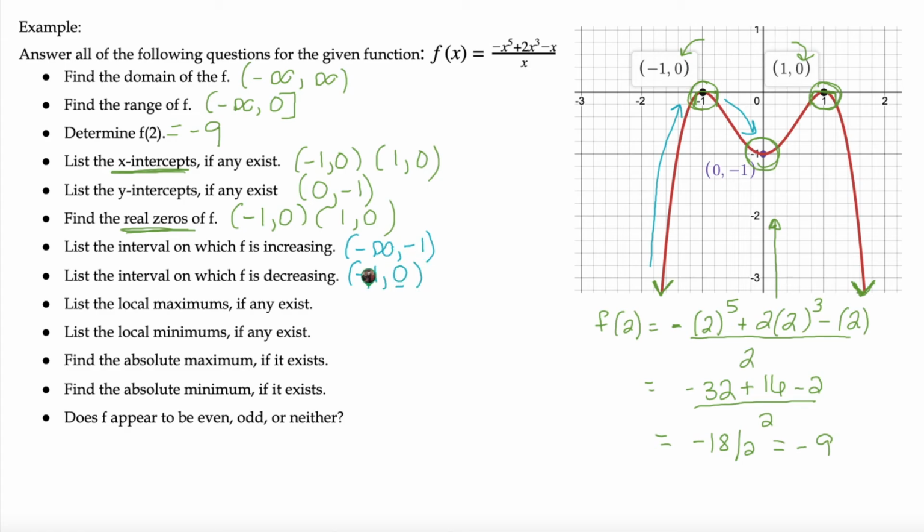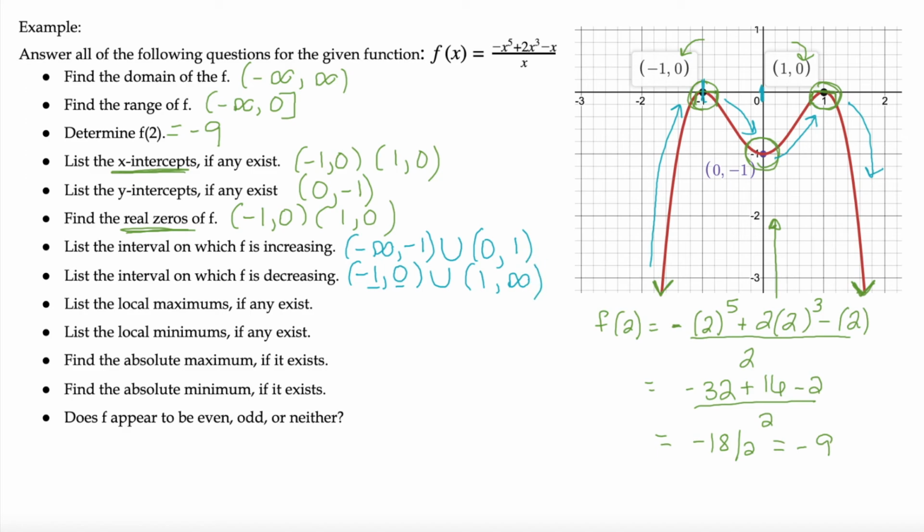Then I hit the turning point of the y-intercept, which allows me to bounce up. Now I'm increasing again, from the x value of 0 to 1. I hit that x-intercept, and now I'm decreasing, unioning. I'm decreasing from the x value of 1 to infinity.